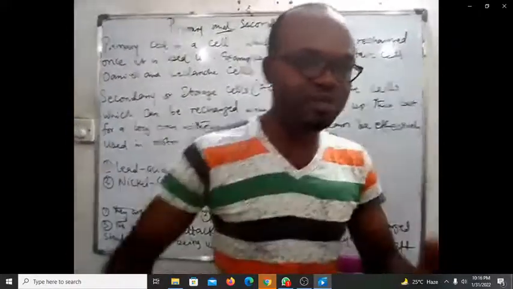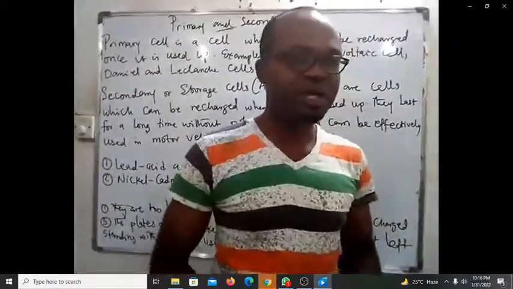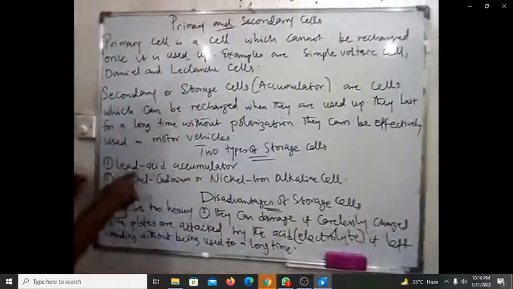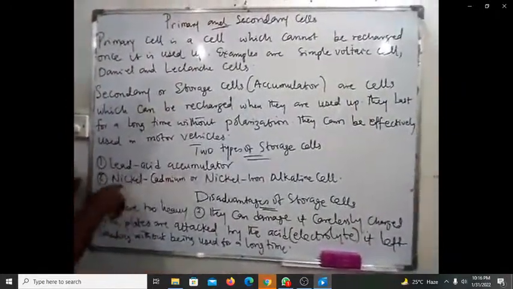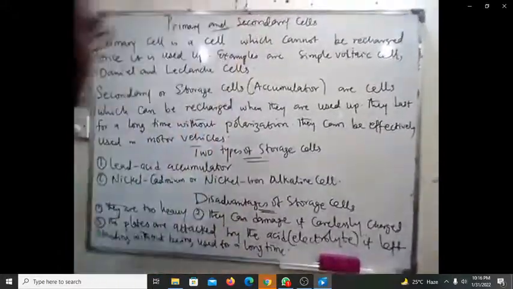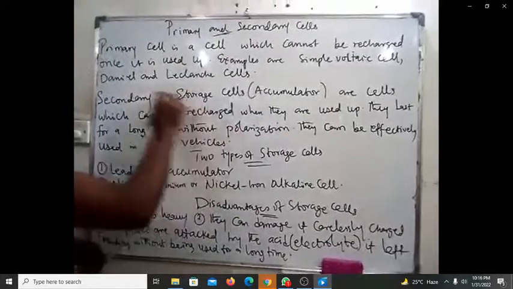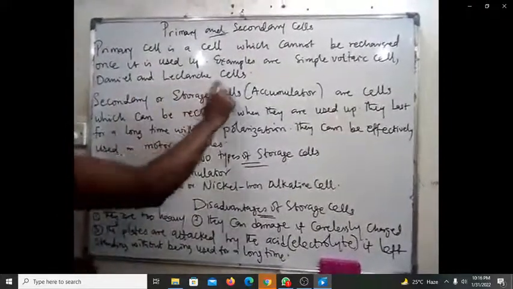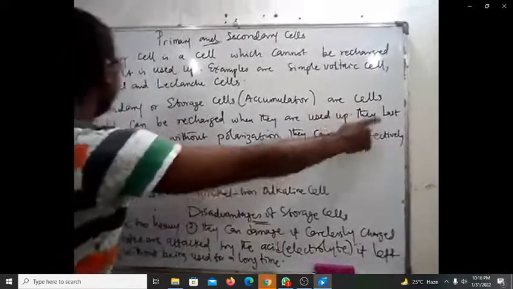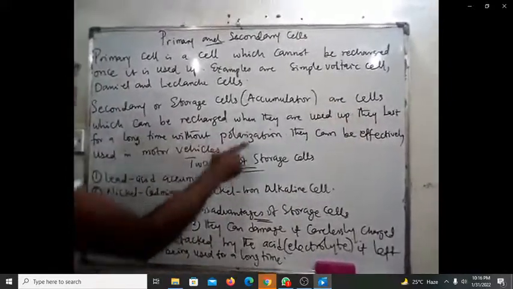And when they are used up, you can recharge them. There are two examples: lead acid accumulator and nickel-cadmium or nickel-iron alkaline cell. These two are examples of secondary cells, which are cells that can be recharged when they are used up. They last for a long time without polarization.